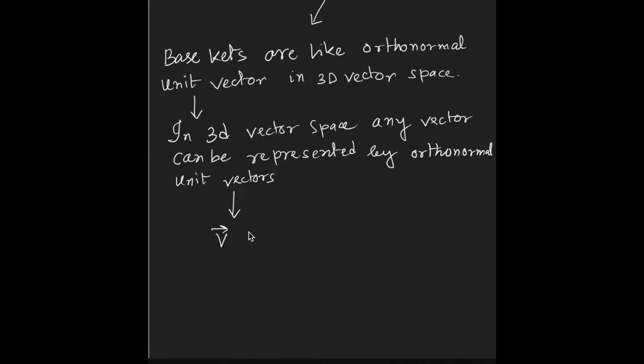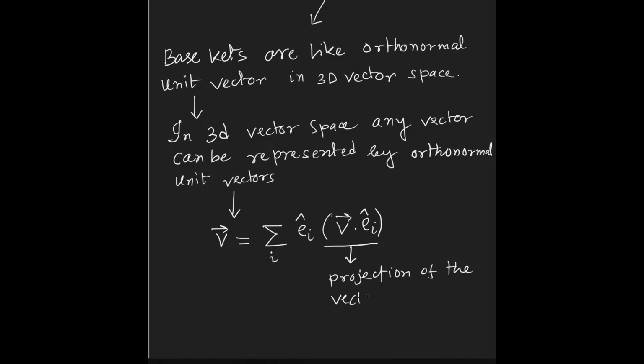Any vector V can be represented as the summation over i of the unit vector e_i times V dot e_i. This is the projection of the vector along the e_i vector.